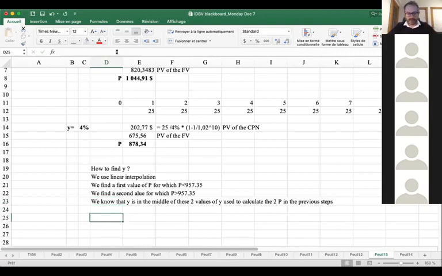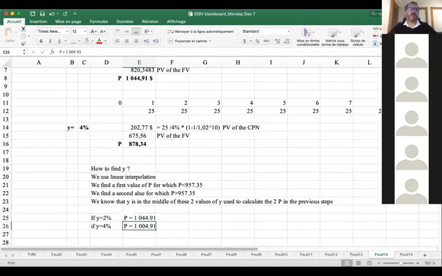So if y is equal to 2%, p is equal to 1044.91. If y is equal to 4%, p, so it's not 14, it's 1044.